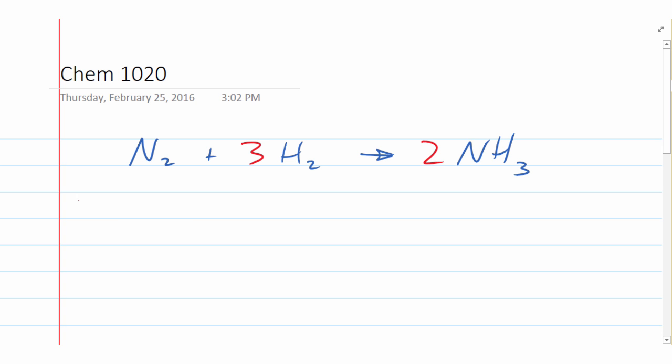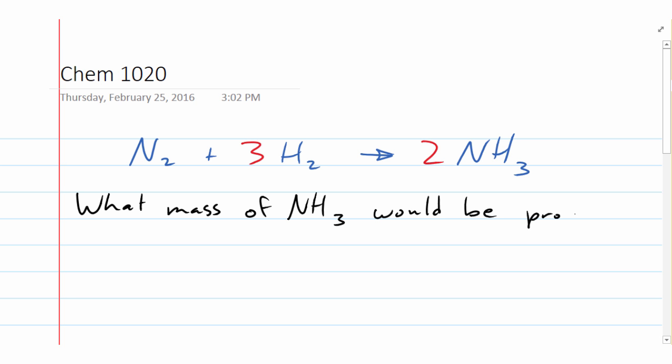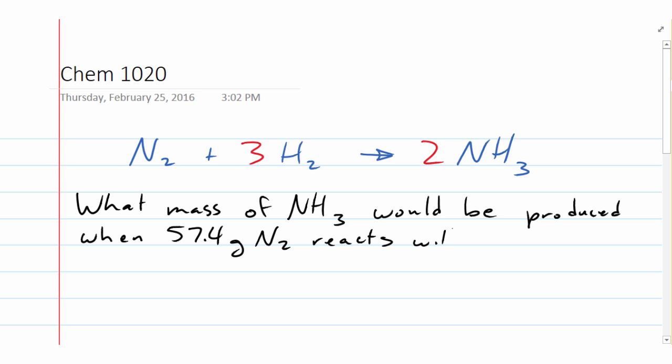So let's do this question here: what mass of NH3 would be produced when 57.4 grams of N2 reacts with an excess of H2.